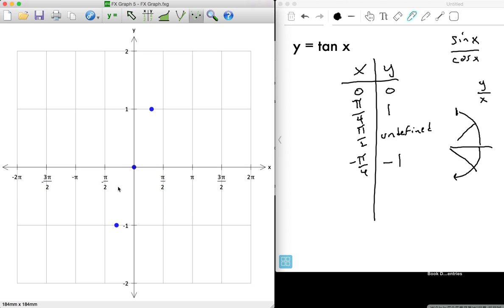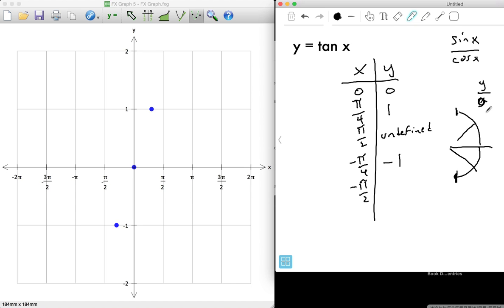It's pretty close. So at negative pi by 4, we get negative 1. And at negative pi by 2, we have the same problem. Down here, my x value is 0, and anything divided by 0 again is undefined. So I'm going to get another asymptote there.